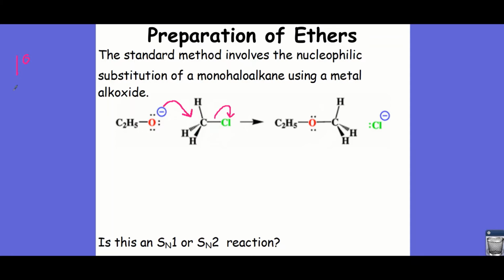So it's a primary haloalkane. So there is enough space for it to react via a transition state rather than a carbocation. So it is SN2. So I'll just draw that out for you.